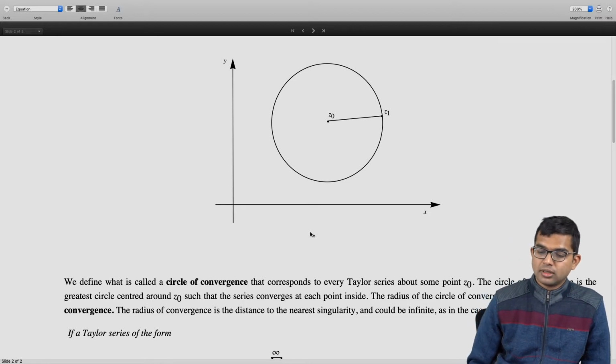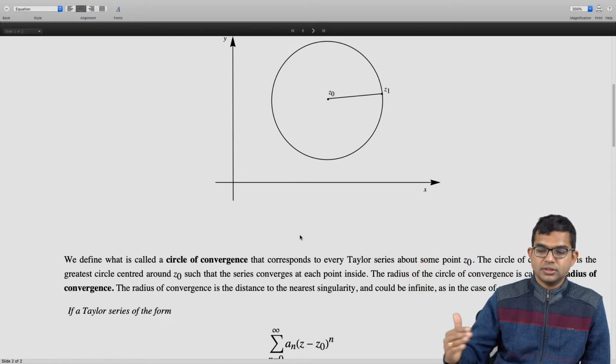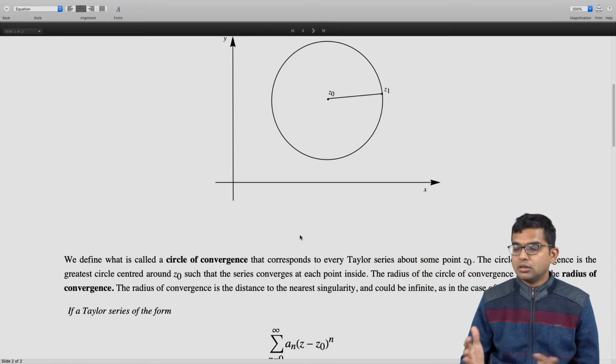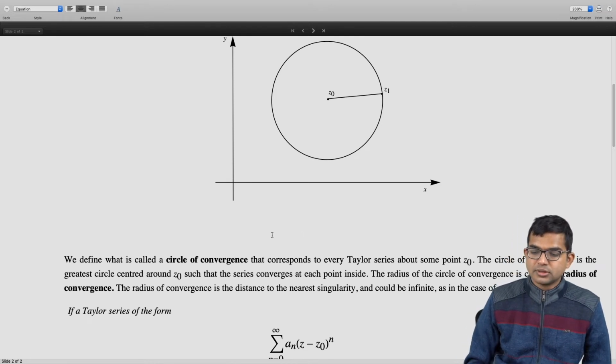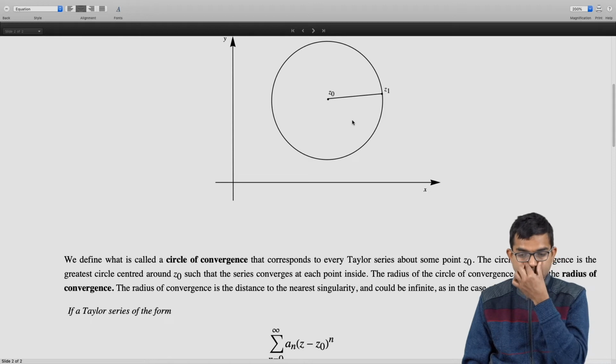But on the other hand, if you look at other kinds of functions, we will look at some examples where there is going to be a finite radius of convergence, a finite circle of convergence. And if that happens, then typically there is going to be a singularity sitting on this circle, right? It could be one singularity, it could be more, but there's at least a singularity sitting there.